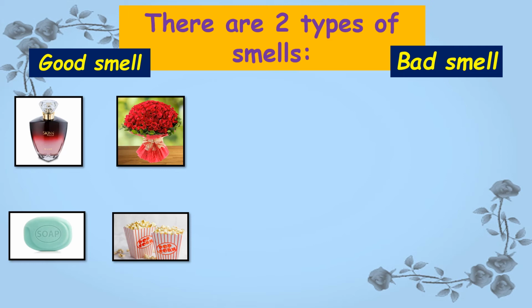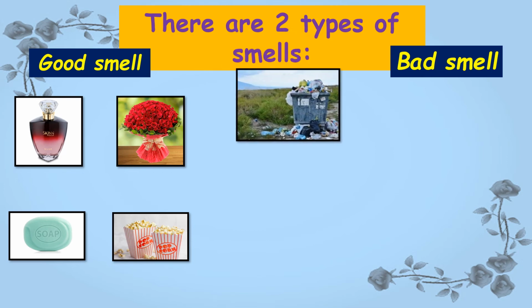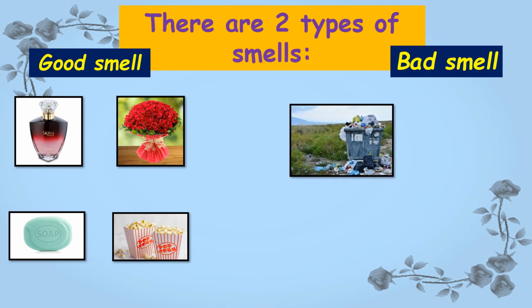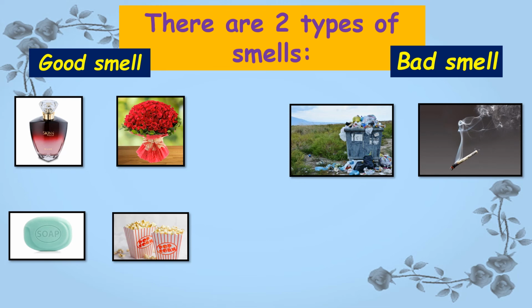And now let's see what are bad smells. What do you see in this picture? Yes, it's garbage, right? Do you think it smells good? Yes, you're 100% right. It doesn't smell good. What is this, children? Yes, we can smell the smoke, right?